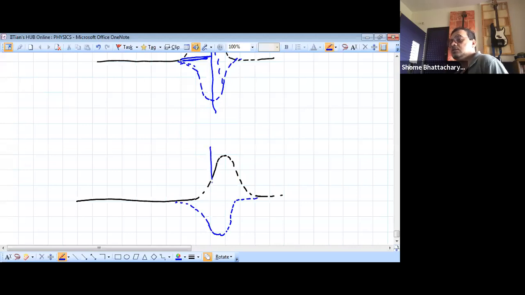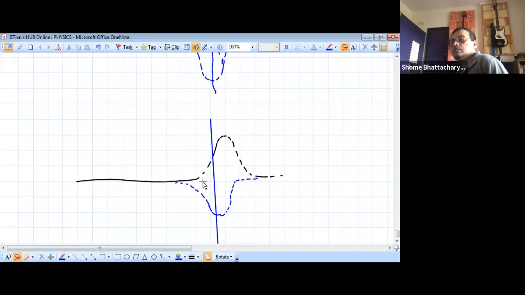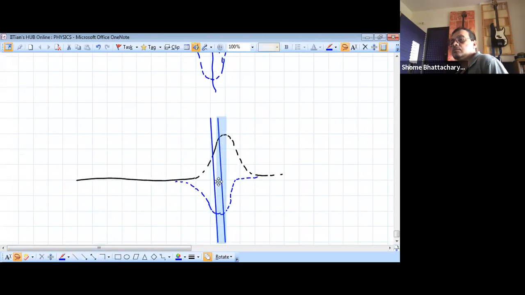So now the boundary is somewhere here. So you can see that the superposition of these two now will create a shape which is like this.